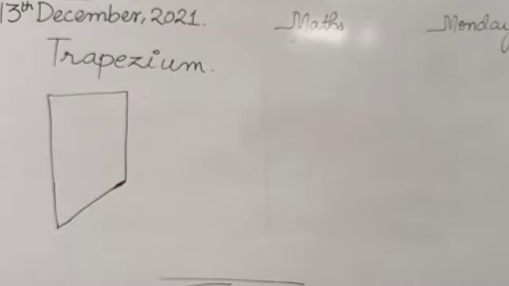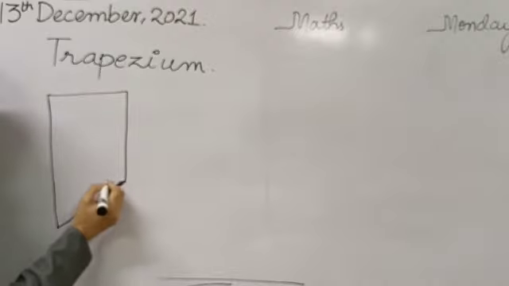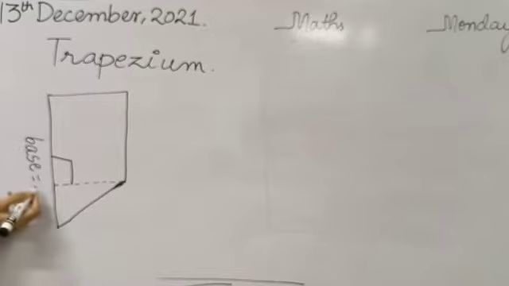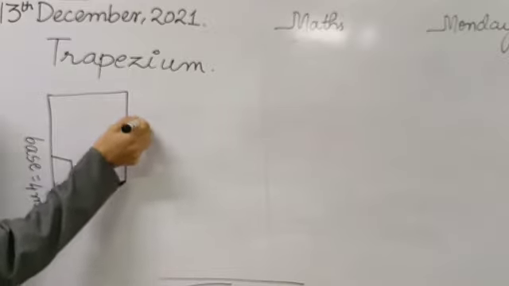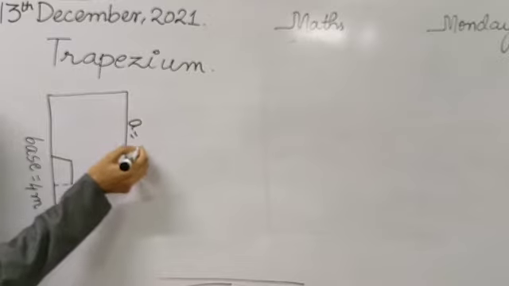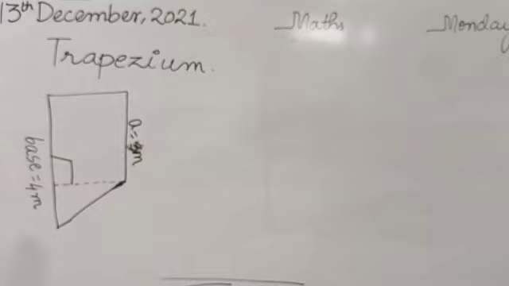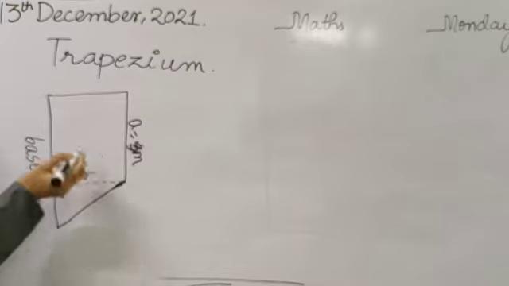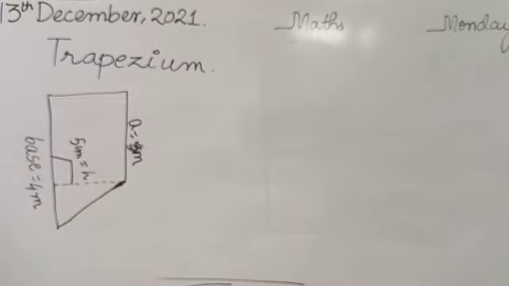I am drawing a perpendicular from here. So what will be its base? This is the base, and the length of the base is, for example, 4 meter. This is side A, and you can say this is, for example, 3 meter. And this is your height, which is equal to 5 meter.